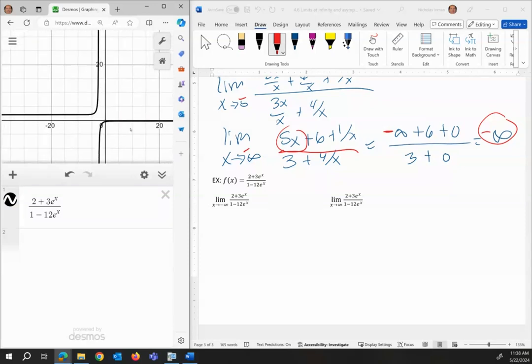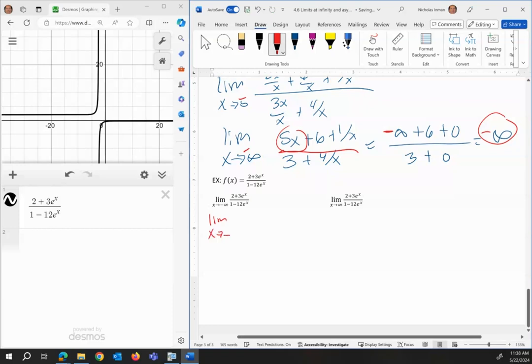If we just plug in negative infinity, let's see what would happen. It would be the limit as x approaches negative infinity of 2 plus 3e to the negative infinity, over 1 minus 12e to the negative infinity. The idea, and I want you to think about this, is that this e now has a negative exponent.